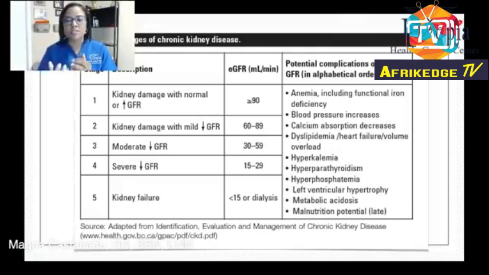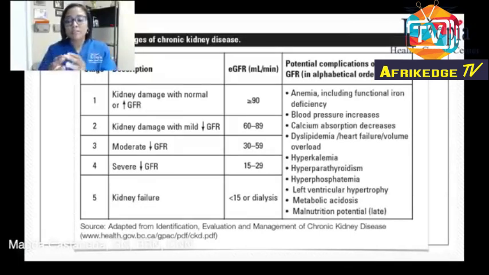This person is going to have visible symptoms, and we're going to have to start treating this person. Stage 4, there is going to be a severe drop in GFR. The GFR is going to be between 15 and 29. Again, GFR is how well the kidneys are filtering. This means that this person doesn't have a good filtration.